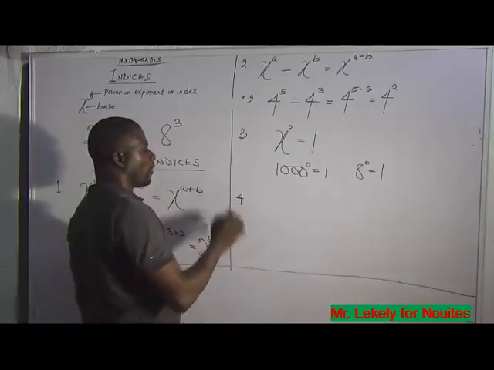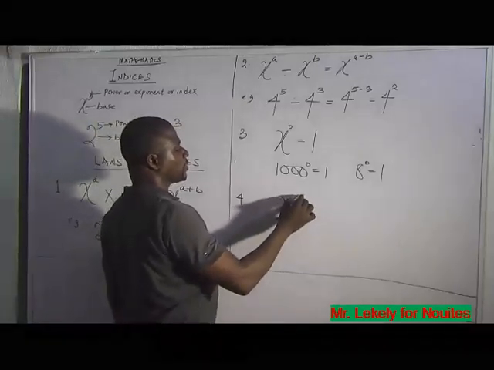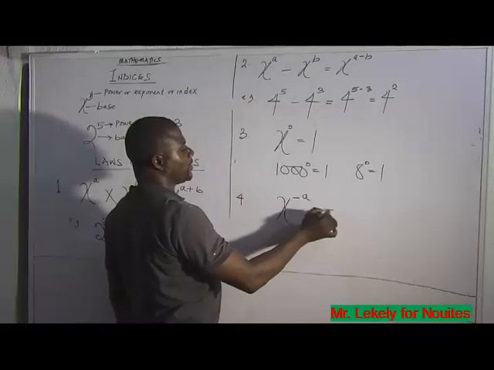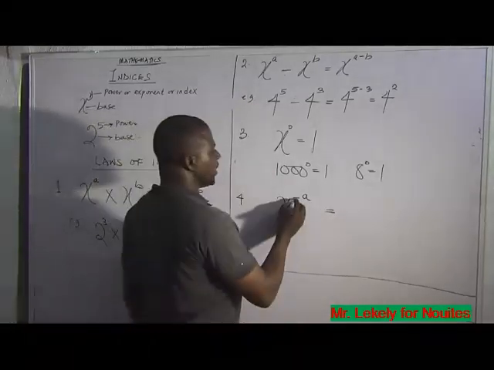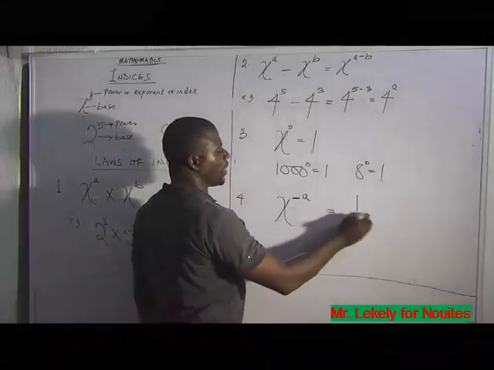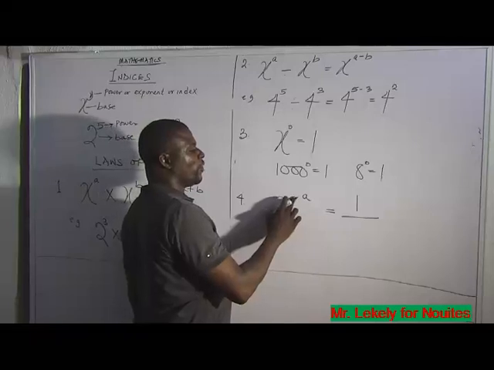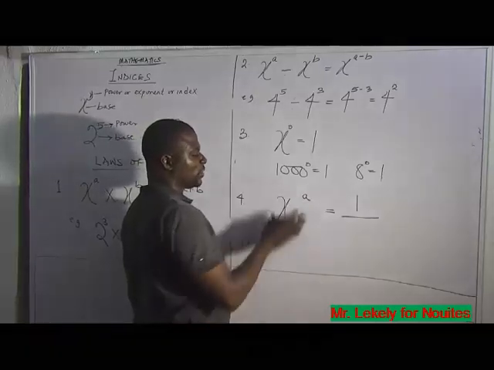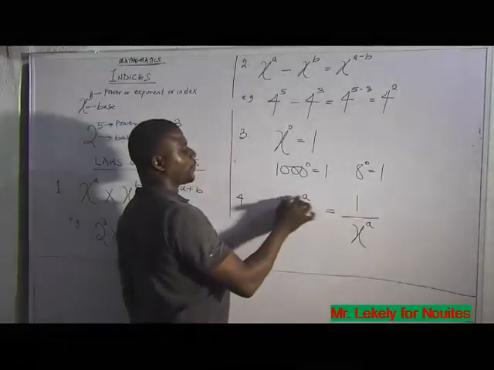Then law 4 is saying if I have x raised to power minus a, now I can say let this minus change to 1 over. If this minus changes to 1 over, just bring this under it, x raised to power a. You see that?